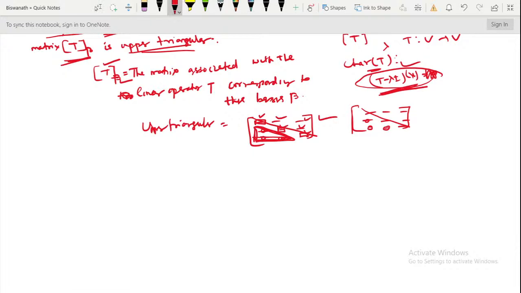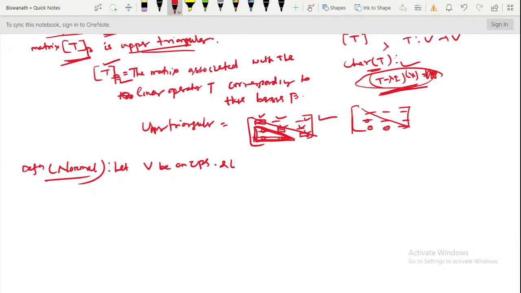Now we come to the definition of normal. What is a normal linear operator? Let V be an inner product space.